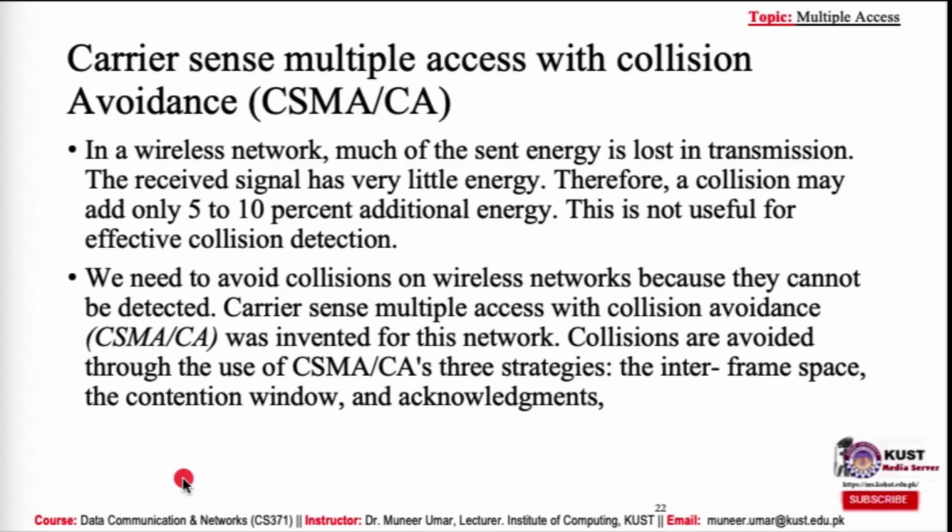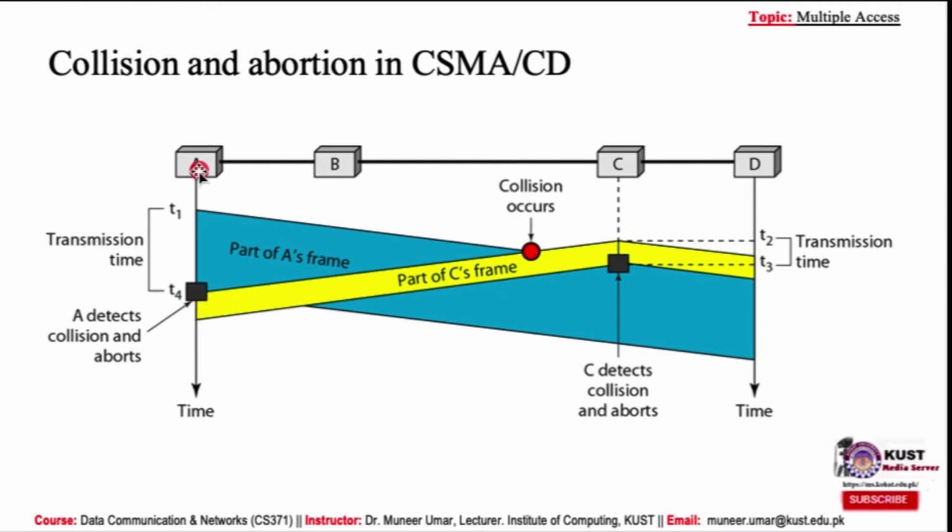The basic idea behind CSMA/CD, the collision detection, is that a station needs to be able to receive while transmitting to detect a collision. While there is no collision, the station receives one signal, its own signal. When there is a collision, the station receives two signals, its own signal and also a signal transmitted by another station.